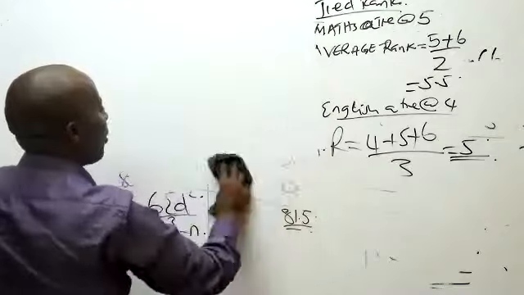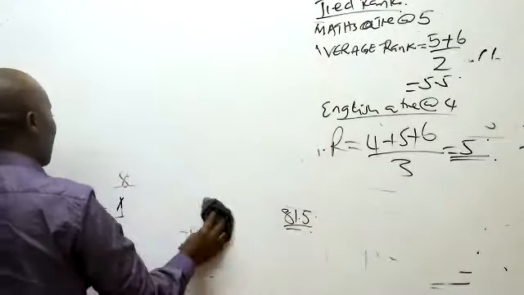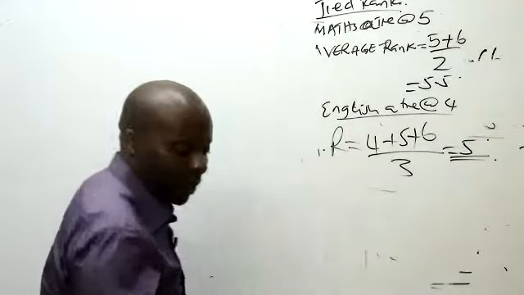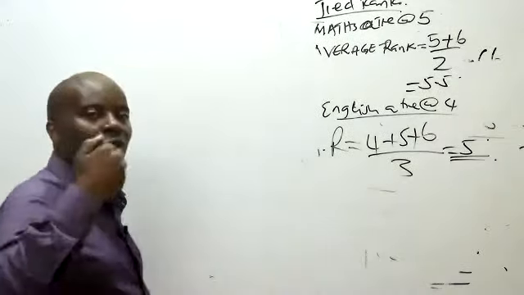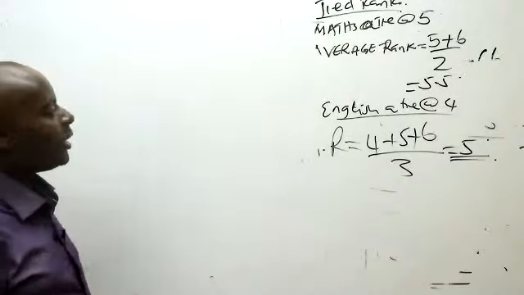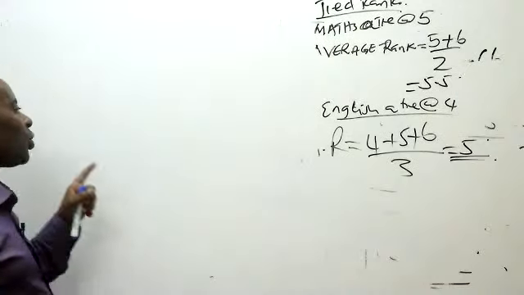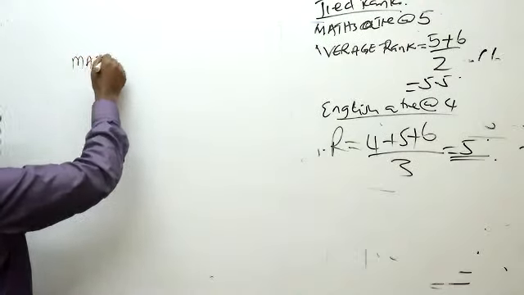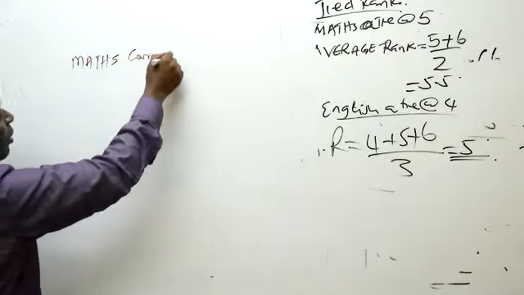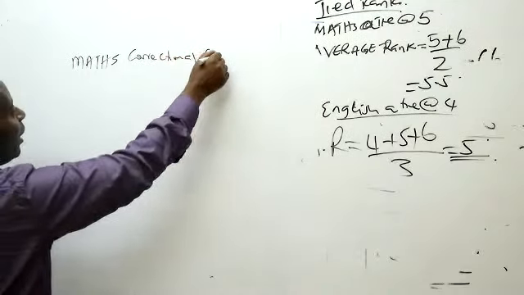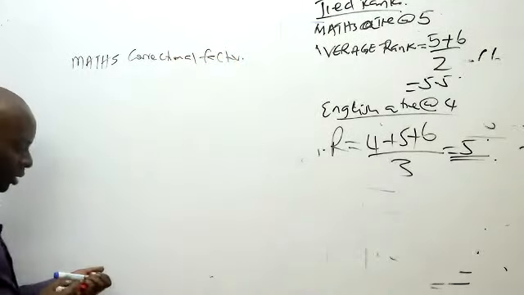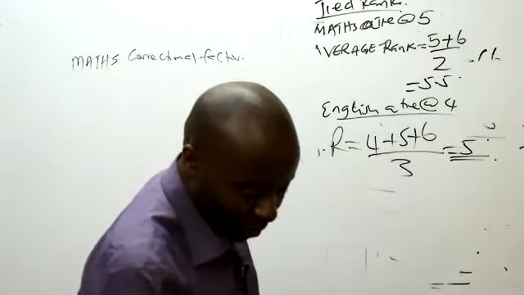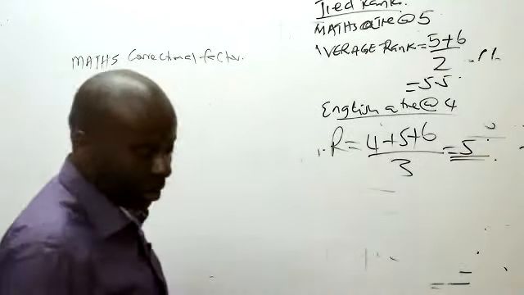And for us to get a correctional factor, whenever we have tied ranks, because of the ranks which are normally skipped, there must be some errors. So we need to know how to correct. So come and give us the maths correctional factor. What do we have here?